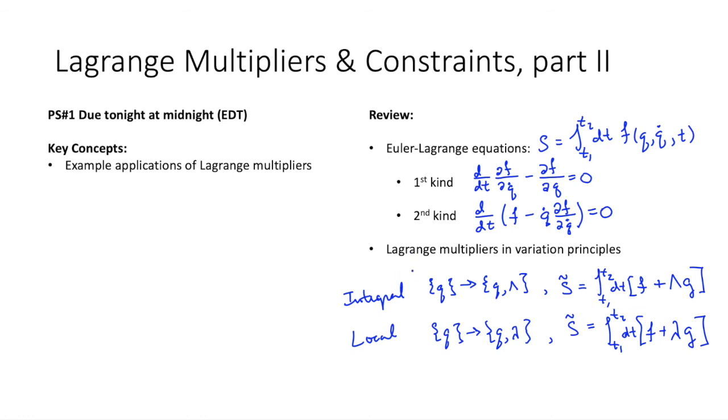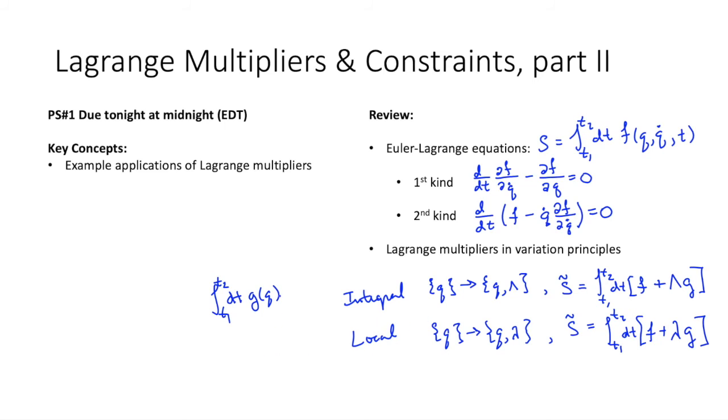What we learned in the first part of the lecture was that if we had an integral constraint, that is a constraint of the form integral t1 to t2 over time of some constraint function, some combination of generalized coordinates, that this was naturally and easily included in our variational formalism already by simply defining a new integral that included both our original function and our new function of q with this Lagrange multiplier, capital lambda, which in this case was a single number, and expanding our coordinates from our original set of generalized coordinates to generalized coordinates plus this one number.